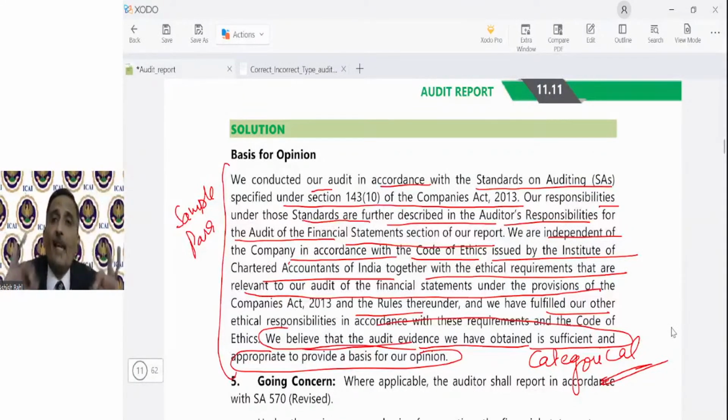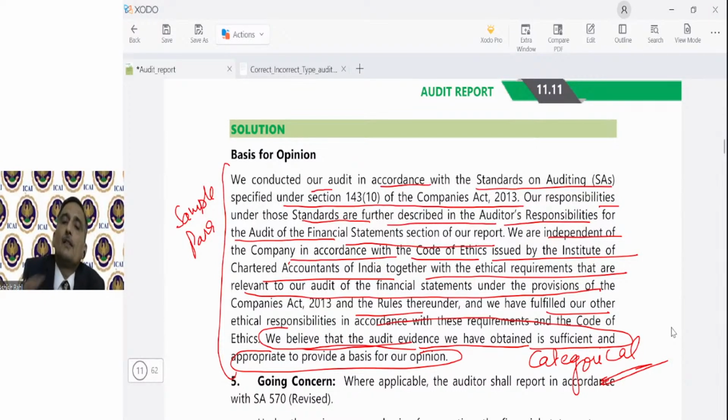He is making a categorical statement that he believes the audit evidence he has obtained is sufficient and appropriate, which provides a basis for this opinion. Because if he has not obtained sufficient appropriate evidence, then he would have to modify the opinion.